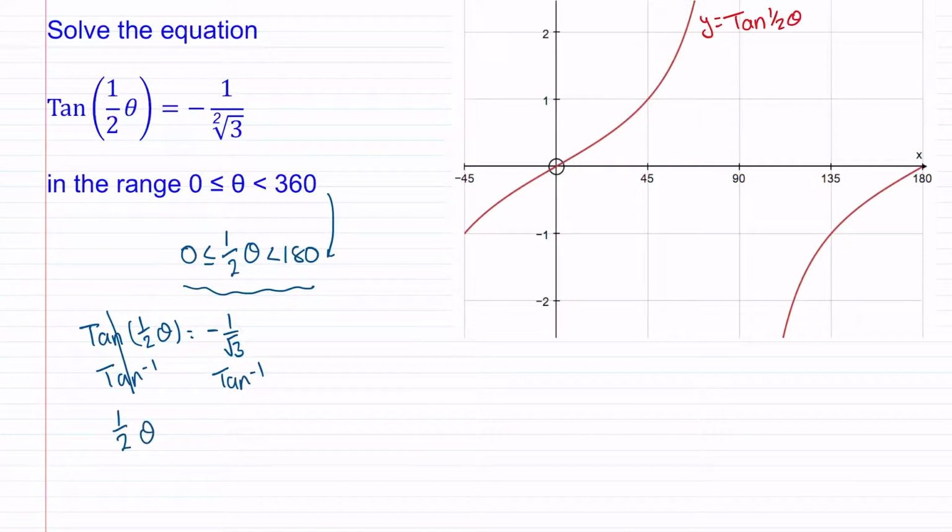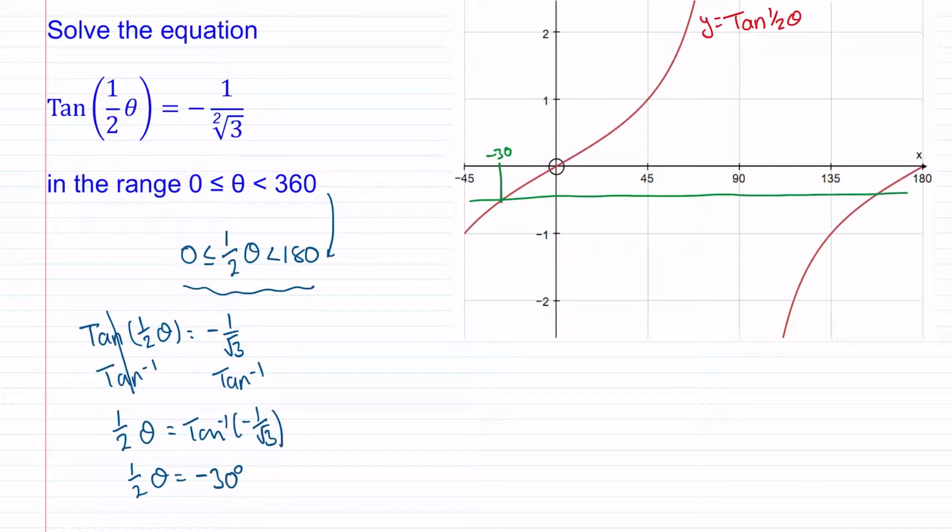So a half theta will equal the arctan of minus 1 over root 3. And this gives us a half theta to be equal to minus 30 degrees, which we can see is about here, minus 30. So now we'll draw a horizontal line through the range.